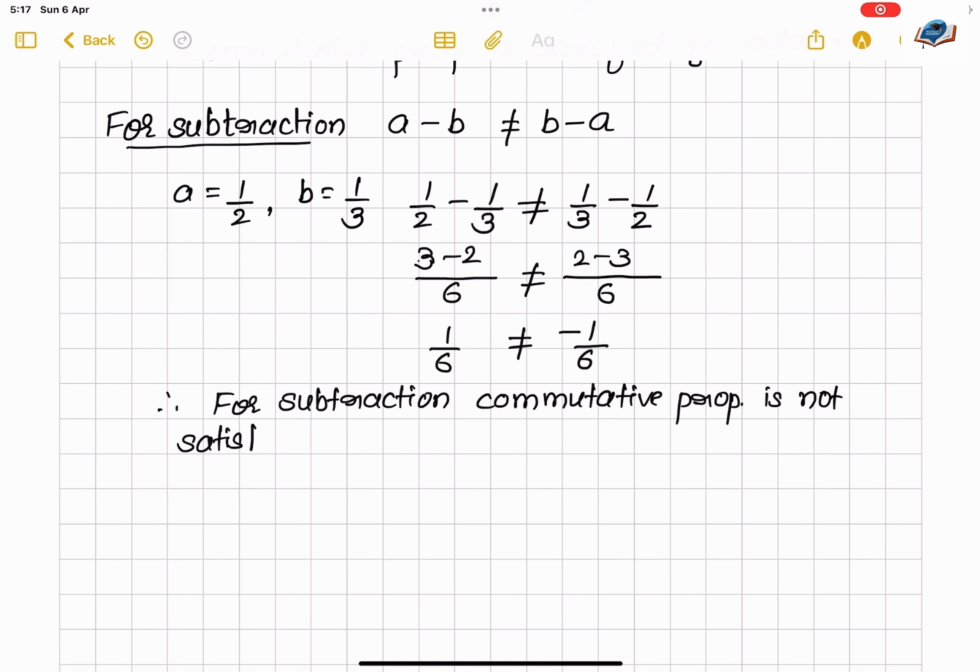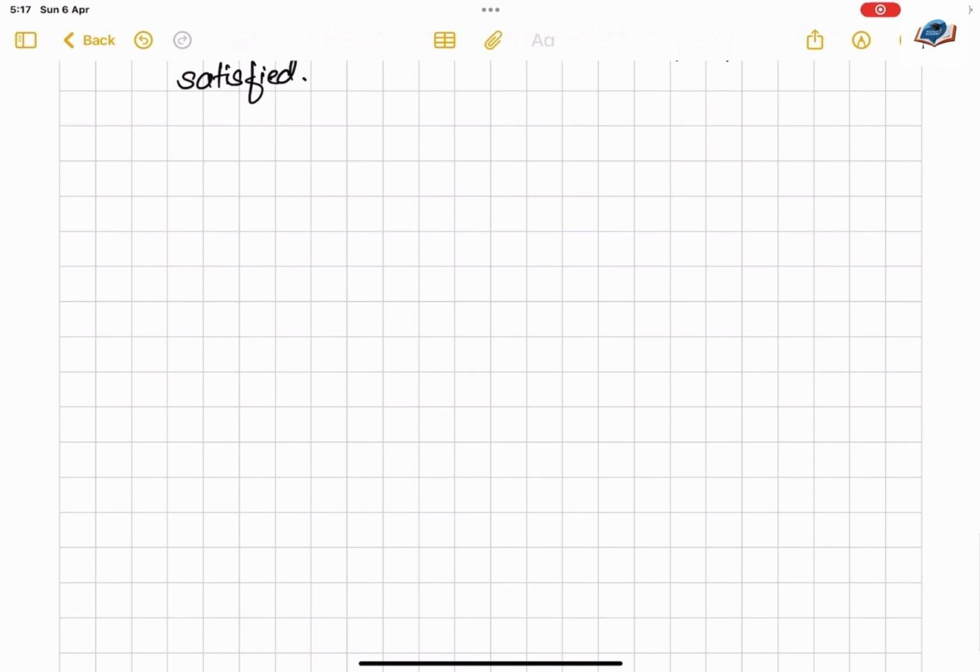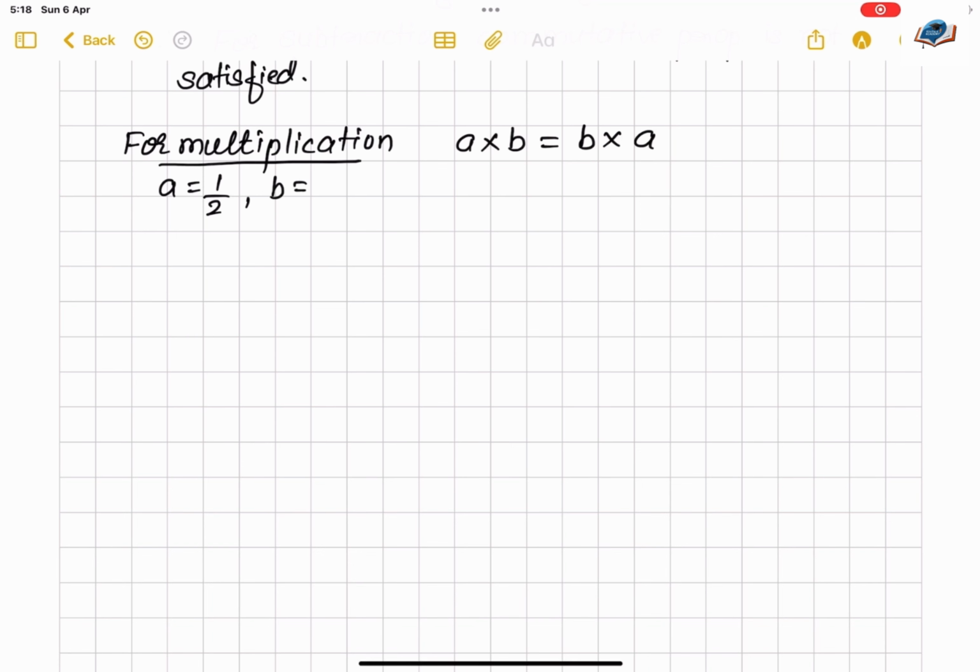Then same way, if I check for multiplication, now here the property says A into B should be equal to B into A. Let us check. A equal to 1 by 2, B equal to 1 by 3. So this side I will have 1 by 2 into 1 by 3, and on this side I will have 1 by 3 into 1 by 2.